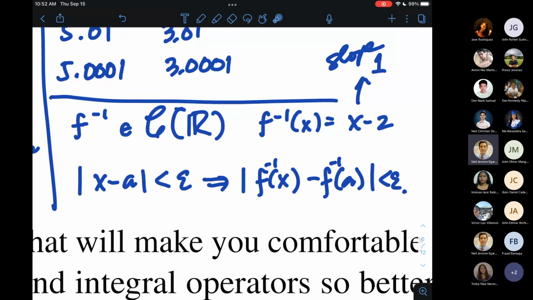So that means a small change in the data will yield a small change in the computed solution. That means this inverse problem is well posed. Okay, so meaning traditional reconstructions or traditional solutions like the inversion of the operator will be sufficient for this particular problem. All right, is that clear?